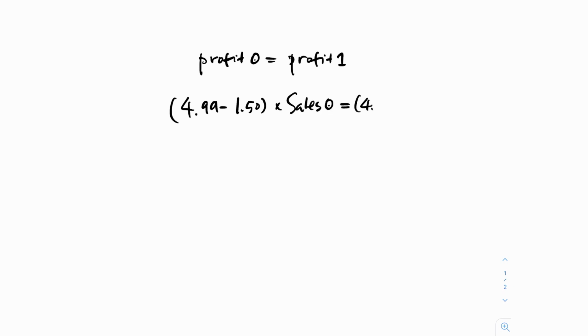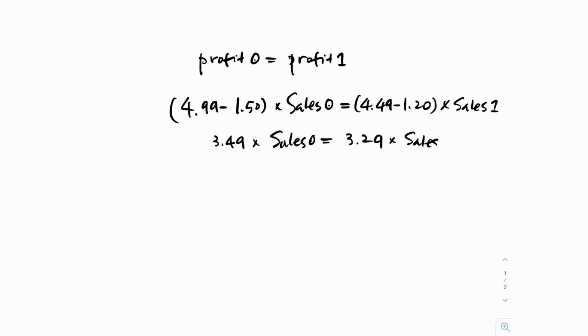The calculation is very similar to the previous example we have. So profit 0 equals profit 1. And then we go ahead and specify the profit before and after the price change, in this case with the variable cost change as well. The rest of the calculations are relatively straightforward. So just lay out the profit margins times the sales.